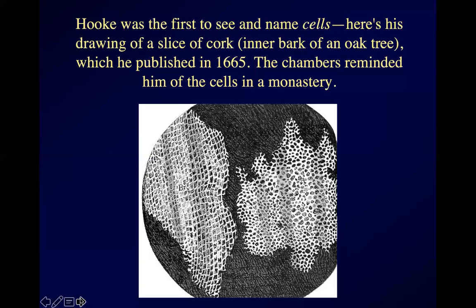And those empty spaces reminded Hooke of the cells in a monastery. So he called them cells. All right, this is a term you've heard before. This should be a nice little callback to when we were talking about plant structure back around week 3, I think it was. So he was the first person to see what we now call cells, and in fact, he gave them that name based on his observations of cork.